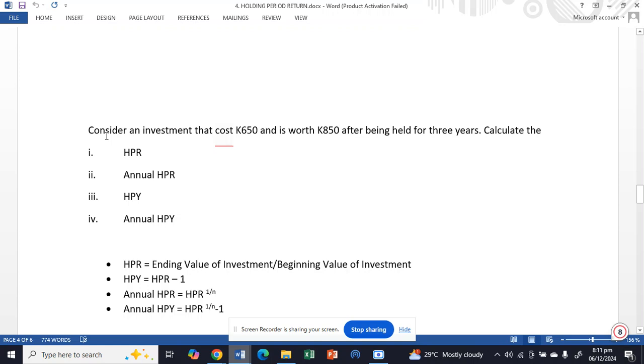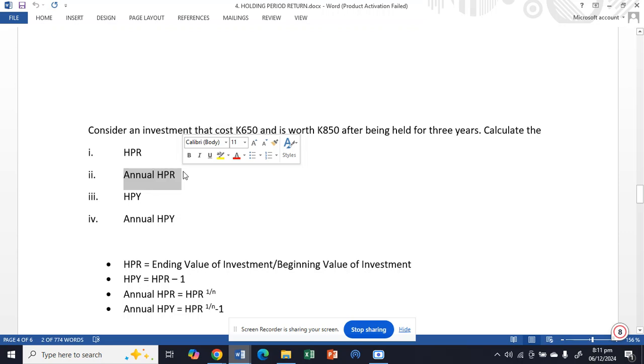So we have, consider an investment that cost 650 kwacha and is worth 850 kwacha after being held for 3 years. Calculate the HPR, which is the holding period return, and the annual HPR.